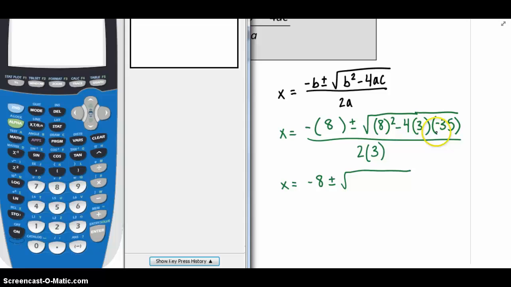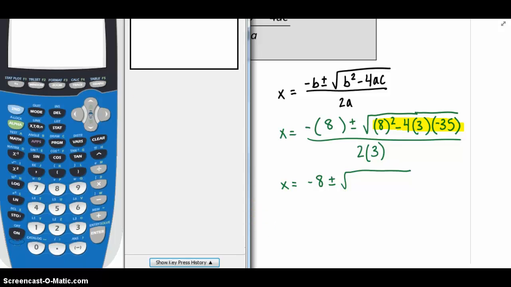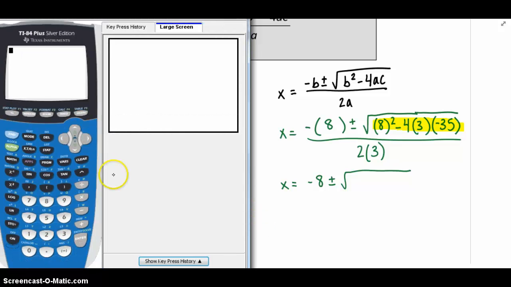Let me highlight it for you. I'm going to type that part into my calculator. So let's see if you can see that. There we go. I've got parentheses 8, close parentheses squared, minus 4, parentheses 3, close parentheses, parentheses negative 35.